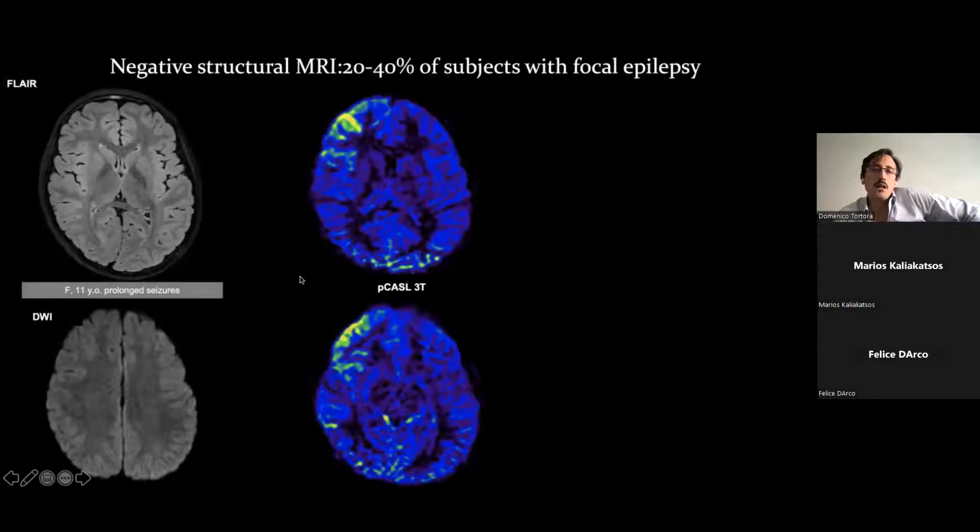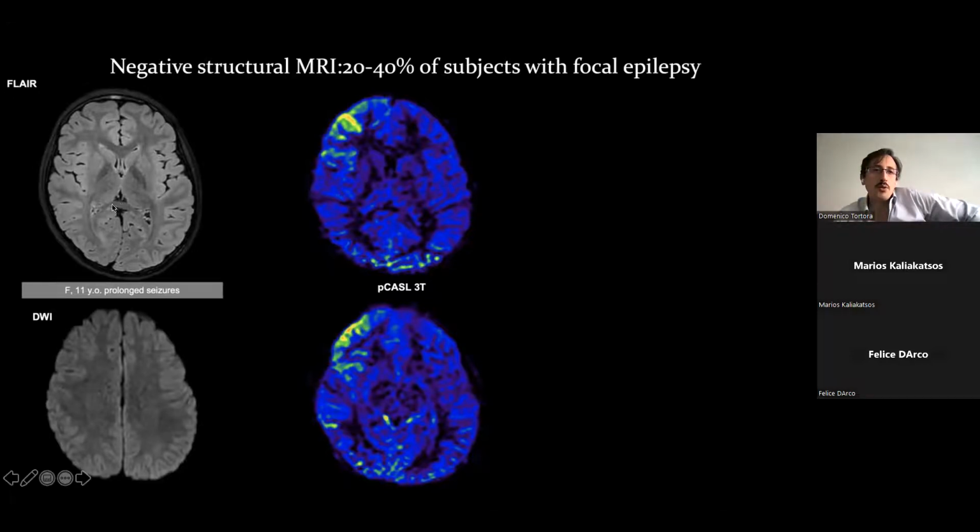Of course, the ability of ASL to detect the perfusion changes related to seizure activity is much more important in patients with epilepsy and negative structural MRI, which represents more than 20% of cases.